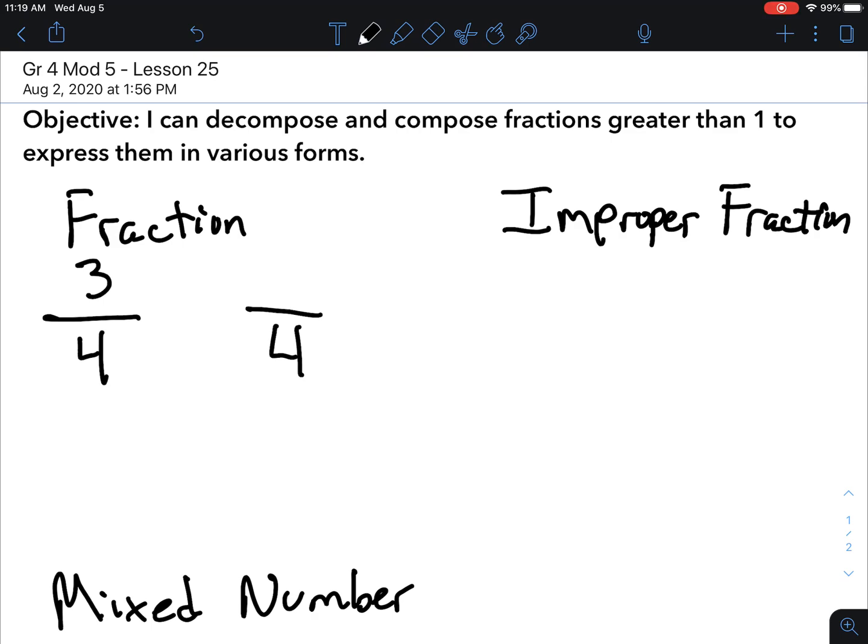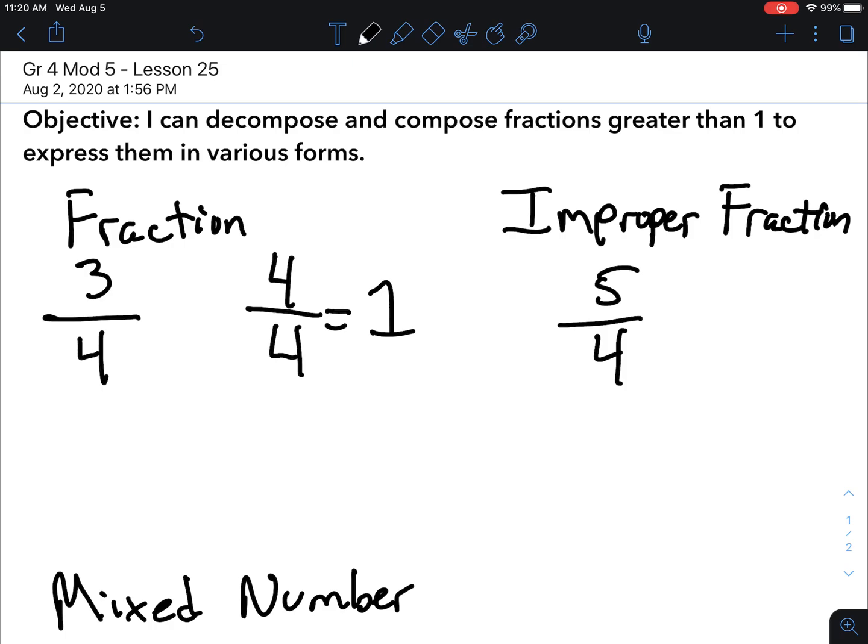So if I have 4 pieces of pizza in the box and I eat all 4, I ate 1 whole pizza, right? So going up above 1, you can have a number like this, 5/4. But that's not a fraction because a fraction is less than 1.